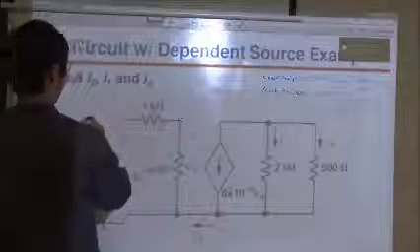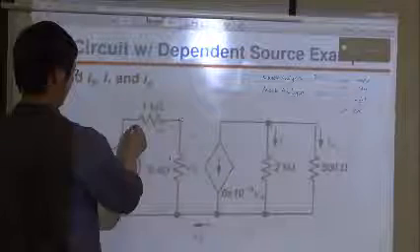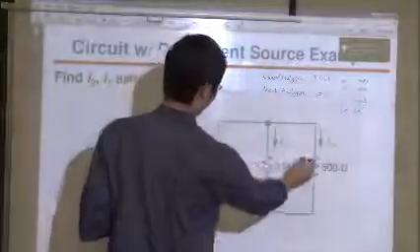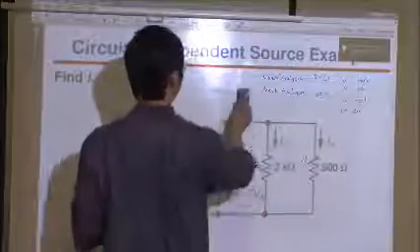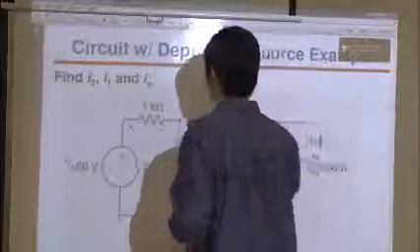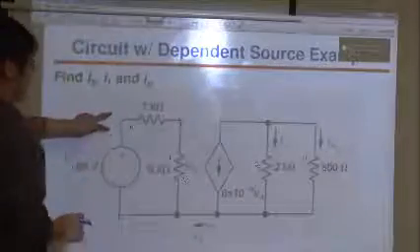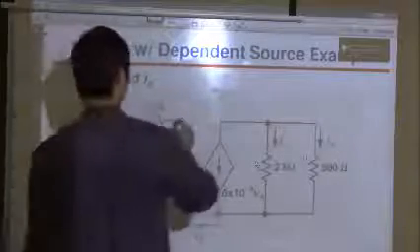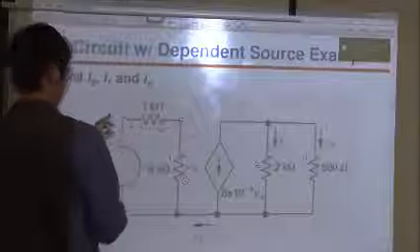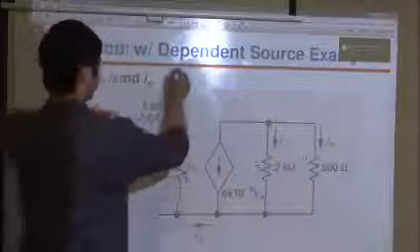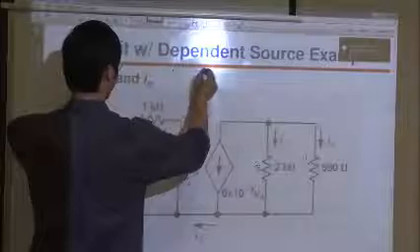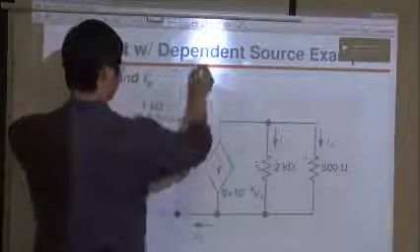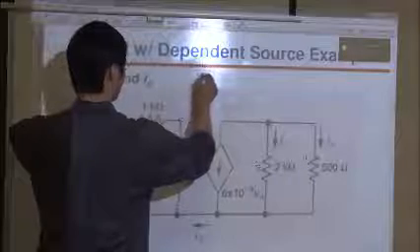Let's say R1, R2, R3, R4. So the current flowing through R1 is this one minus this one, so IR1 will be Vs minus V1 over 1K, right?